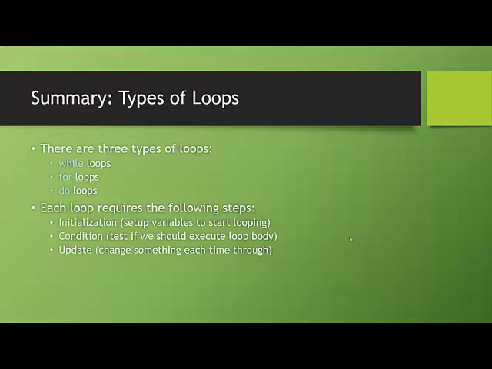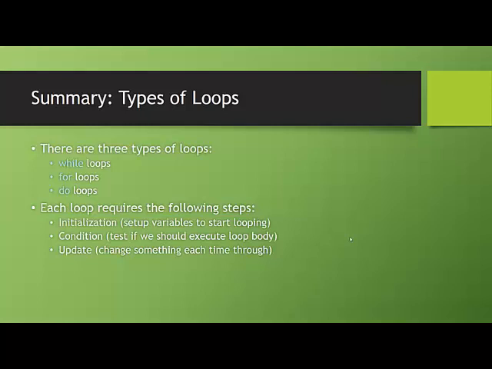In summary, the types of loops that are available to us are while loops, for loops, and do loops. Each loop requires the following steps. We need to initialize or set up a variable that starts the looping. We need a condition to test to see if we will continue executing the loop body.